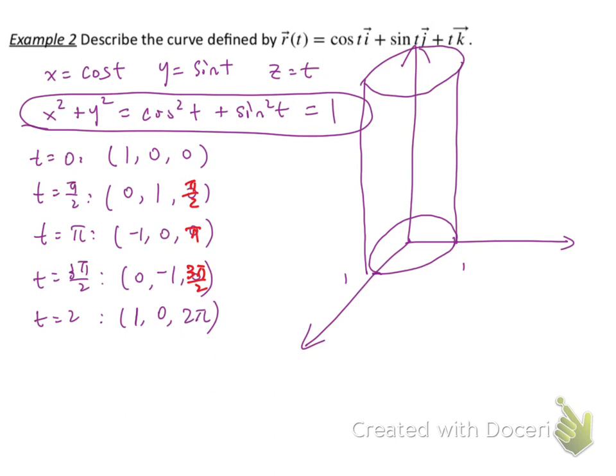Then t equals 0 gives 1, 0, 0 here, then t equals pi over 2 gives 0, 1, and a little bit above. Then -1, 0 at pi, so it's somewhere like here. Then we go back to 0, -1 at 3 pi over 2. Finally you go back to 1, 0 at 2 pi. So the curve looks like this in the back.